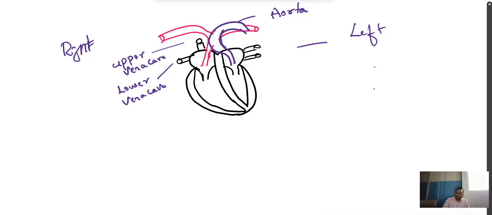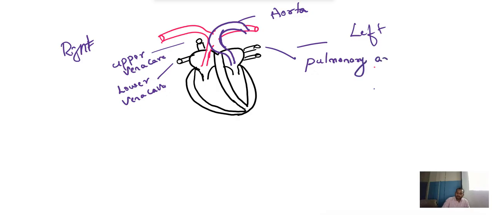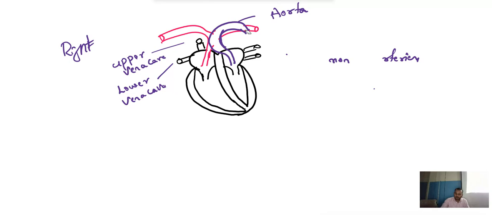And then this is the pulmonary artery. Okay. One minute, let me erase this. Please observe here.